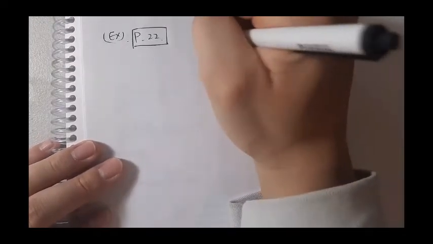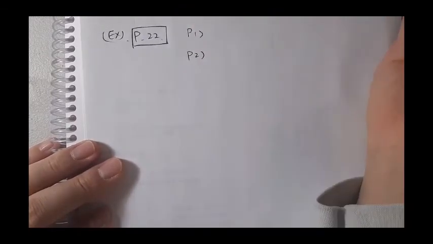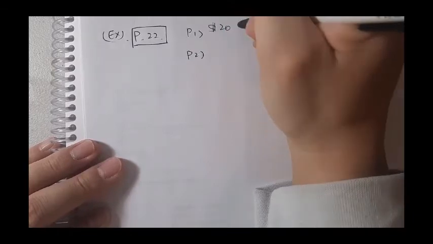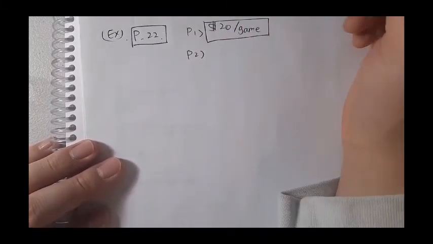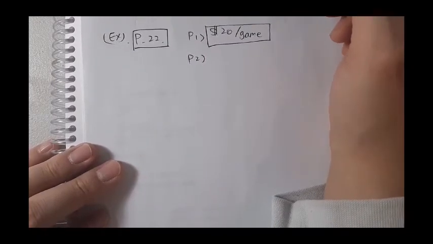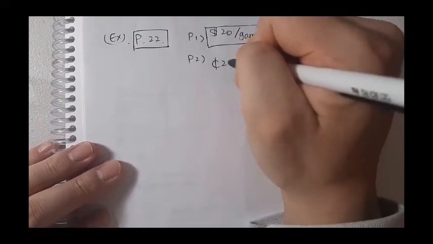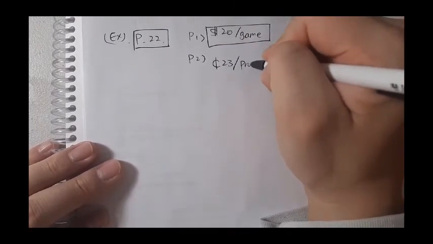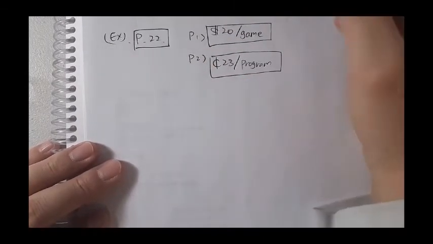So there are two types of piecework. I'm going to put P1, P2. One of the piecework is $20 per game. As you may notice, the income, if you really want to call it salary or something like that, is a ratio. And another one is 23 cents per each program. And now we have an amount.